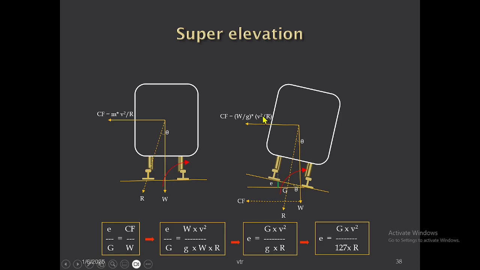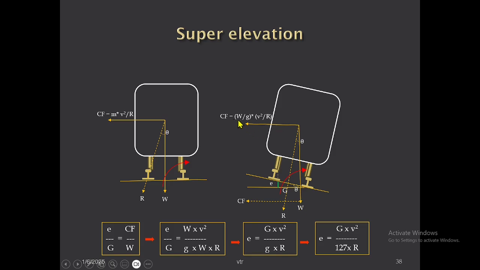But R is inversely proportional: the lesser the radius, the more the force. So a sharper radius will give more centrifugal force, while a larger radius is slightly more comfortable. But W by g is constant for a particular vehicle body. So this is about the centrifugal force, and this is about the weight of the body.